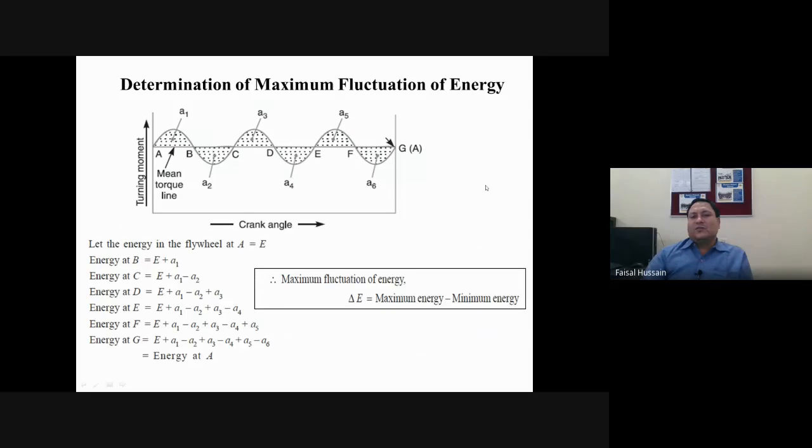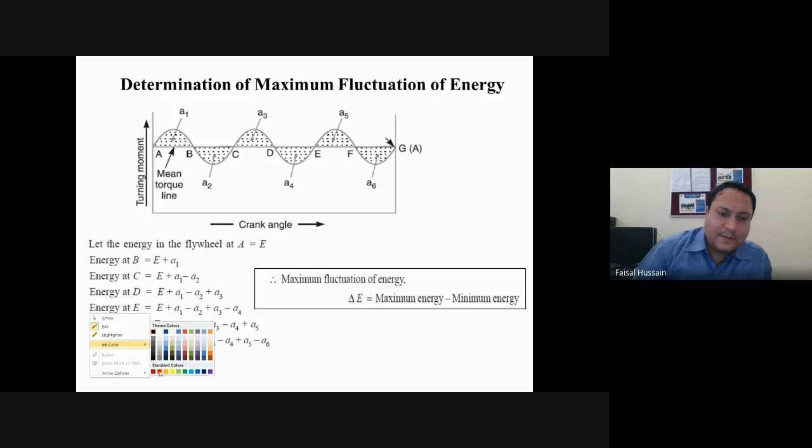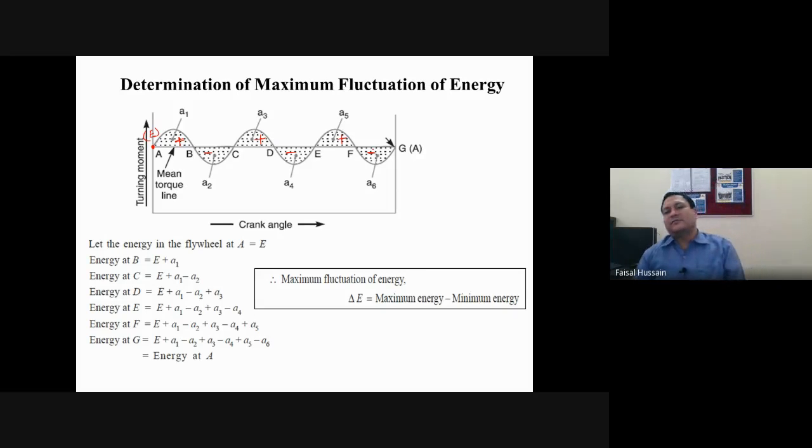Now determination of maximum fluctuation of energy. Here, this is the turning moment diagram of a multi-cylinder engine. There are a number of cylinders and all the turning moment diagrams are incorporated into a single turning moment diagram, and all the values are simply superimposed. Now for example, let the energy at point A be E. Above the main line it is positive, below the main line it is negative.